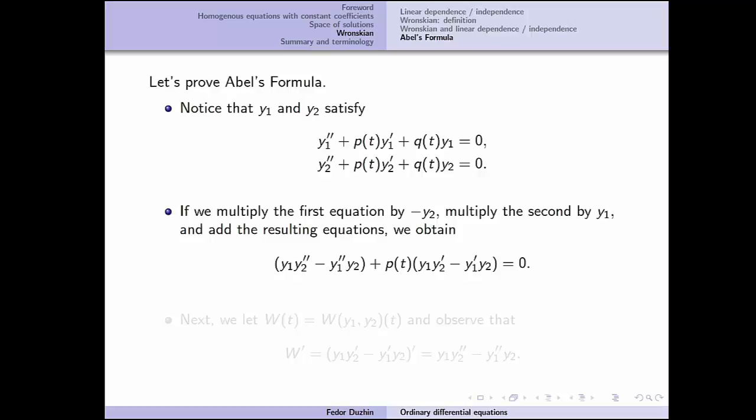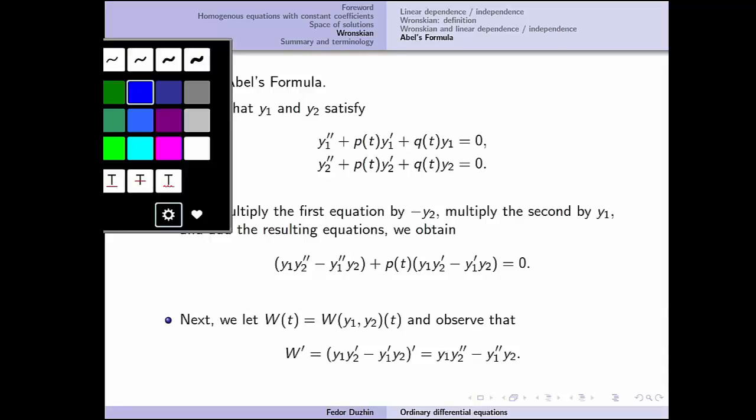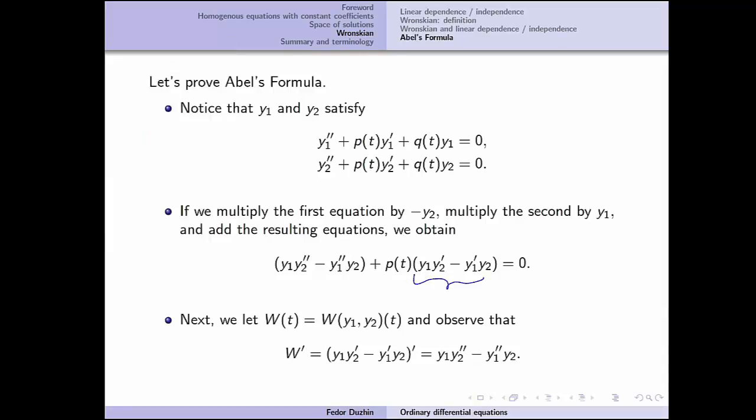Whatever was at q of t just cancelled out, and whatever was at p of t, we get the Wronskian. But also notice that this thing is our Wronskian, while this thing is actually just the derivative of the Wronskian.